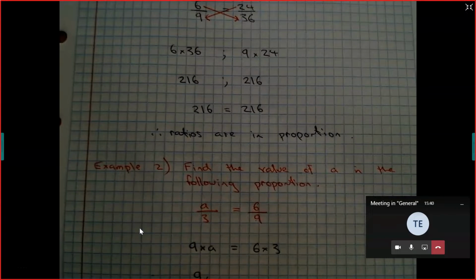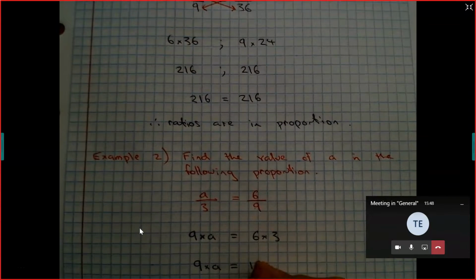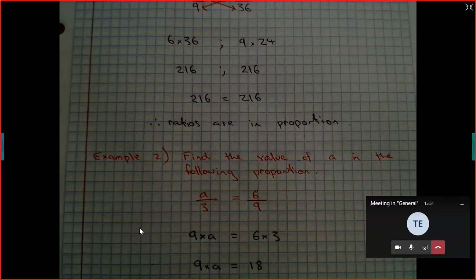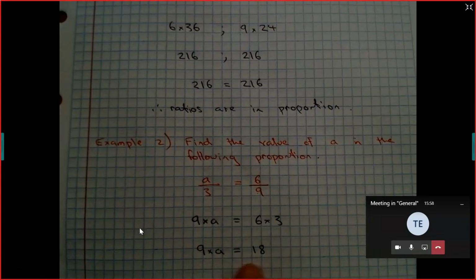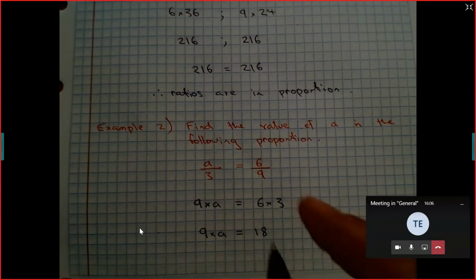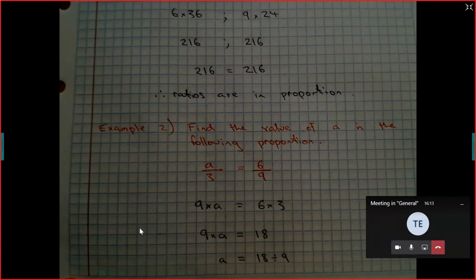So 9 times A is equal to 6 times 3, which is 18. Then, a bit of algebra: to get rid of the 9 in front of the A, since this is 9 times A, I need to divide both sides of the equation by 9. So A is equal to 18 divided by 9, so A is equal to 2.